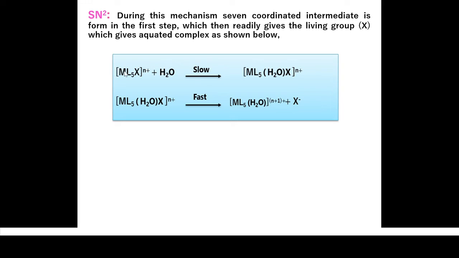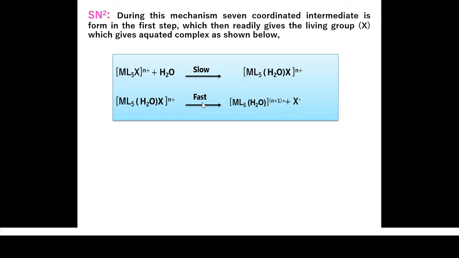So here is association of water molecules. This first step is the slowest step, which gives the 7 coordinated intermediate ML5H2O(X)^n+. Now this 7 coordinated intermediate dissociates or loses X minus, which gives ML5H2O^(n+1) plus X minus.